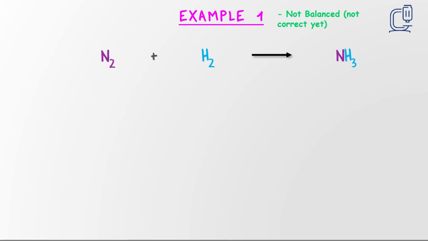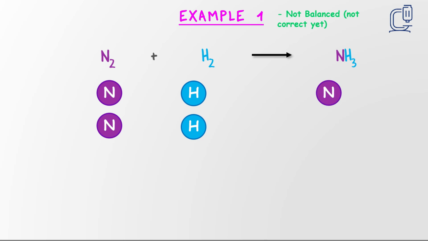Firstly, we check to see if there are equal numbers of atoms of each element on both sides. The reactants, which is the left-hand side, we have 2 nitrogens and 2 hydrogens, and the products, or the right-hand side of the chemical equation, we have 1 nitrogen and 3 hydrogen. So they are not equal numbers of atoms of each element on each side.